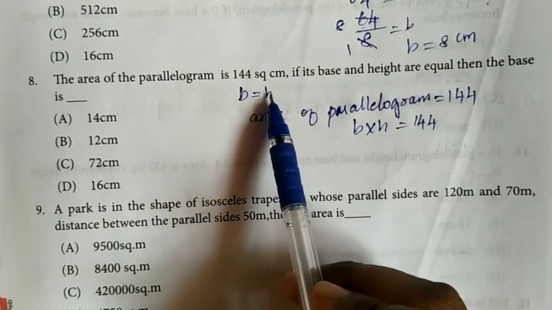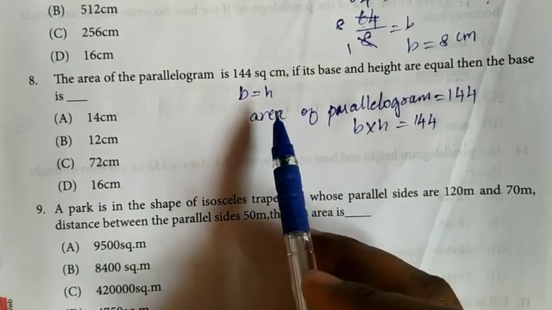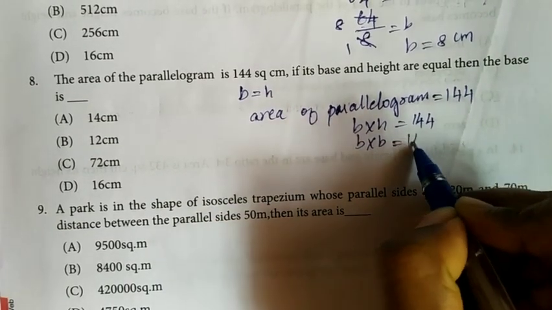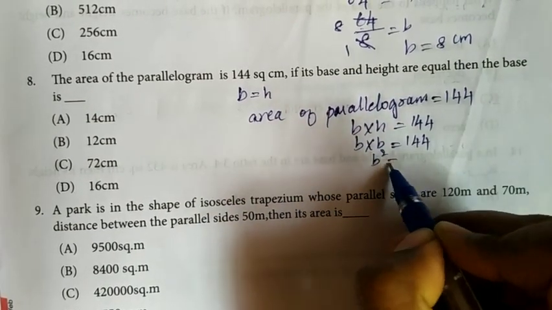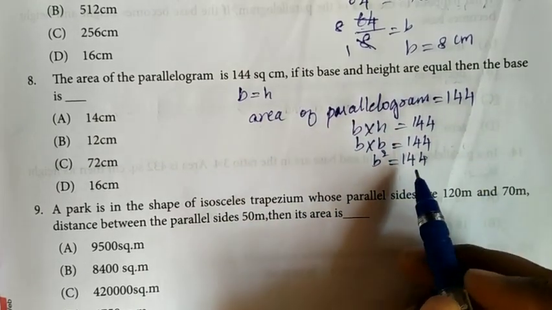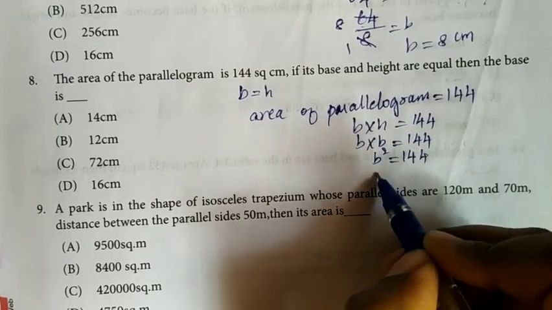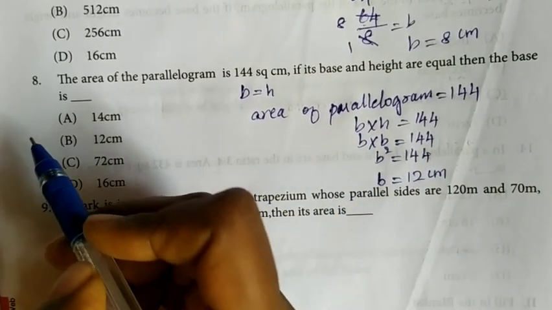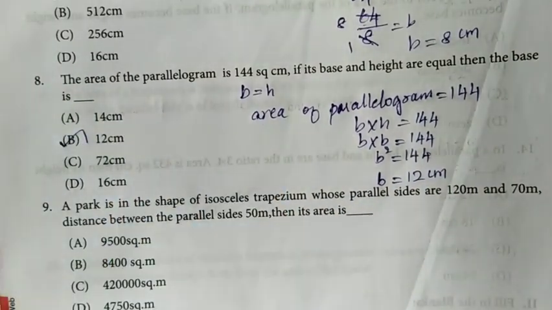Here base and height are equal, so substitute the value of h as b. So b into b, we get b square equal to 144. While taking square root of 144, we get the answer as b equal to 12 centimeter. So option B is the correct answer.